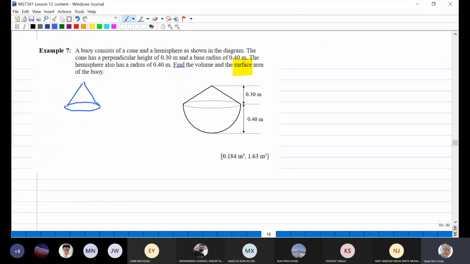Okay, and then there's a sphere, a hemisphere. Later on we add them up together. So there are two surface areas.